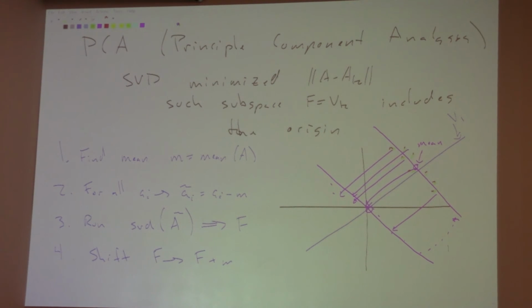So this is step 4. Step 1 was finding the mean, step 2 was doing all the shift, step 3 was finding the subspace, and step 4 was mapping it back out.